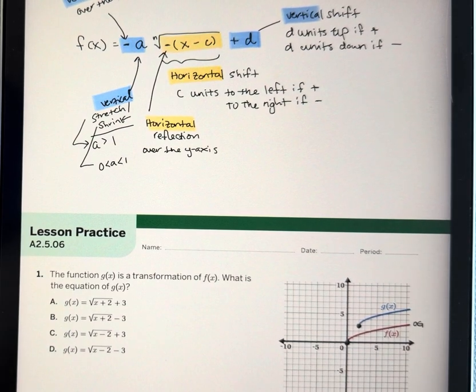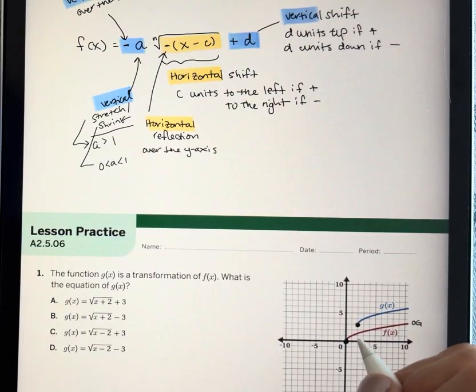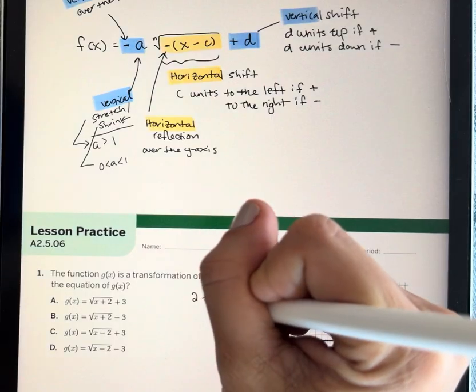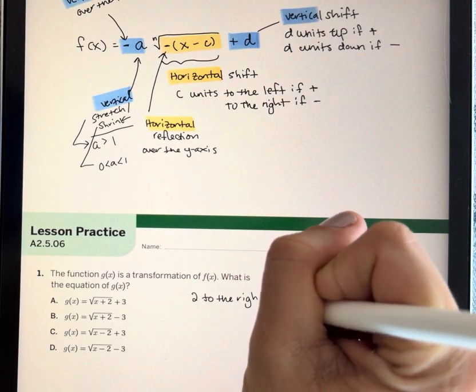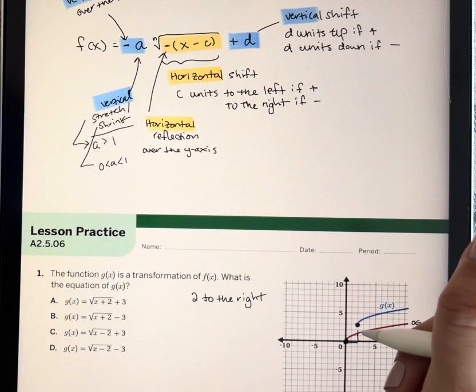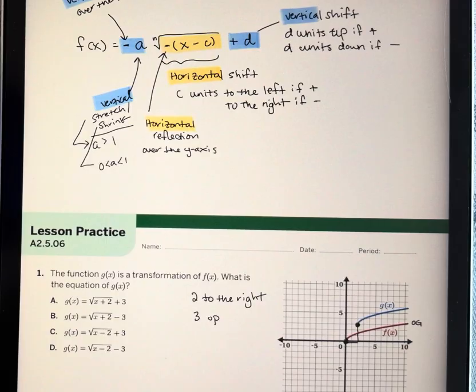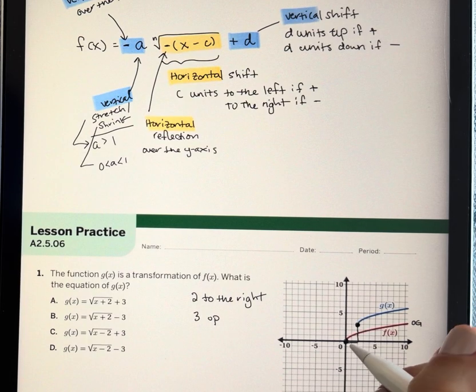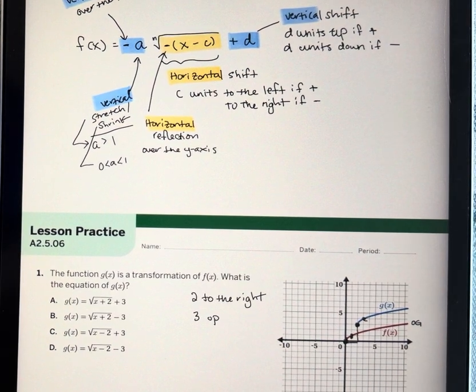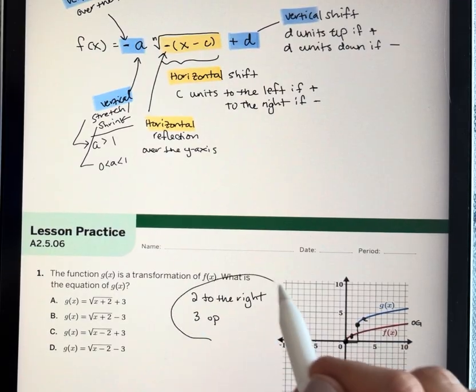That point where it just appears to start out of nowhere has moved 1, 2 to the right, and it has gone 1, 2, 3 up. And then there's been no reflection because it's all oriented exactly the same way. And there's no stretch or shrink because from that first position, it just goes up 1 over 1, and so does this one. So they're exactly the same size.